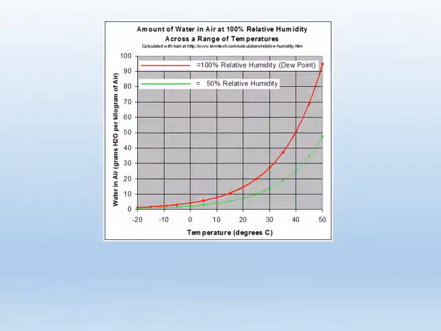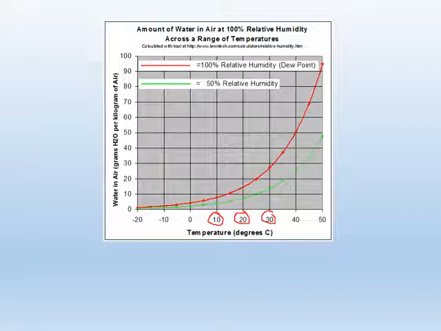Well, again, reviewing this, the idea that water in air, this is just grams of water that are in the air, changes as temperature goes up. It's exponential. So as the temperature of your air increases from 10 to 20 to 30 degrees Celsius, it's able to go anywhere from, say, 8 grams per kilogram of air all the way up to 28 grams per kilogram of air.